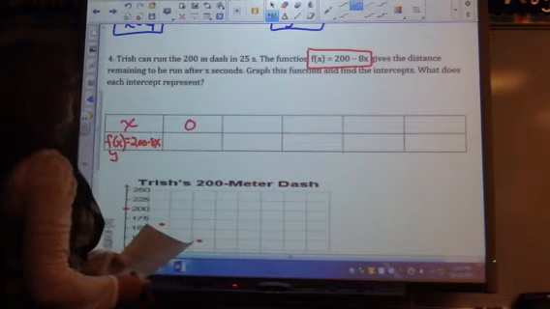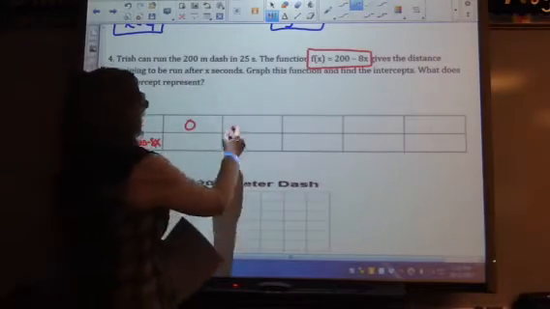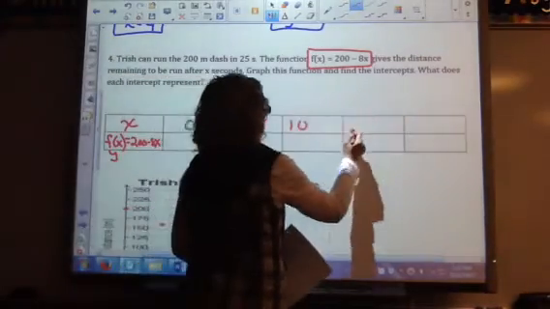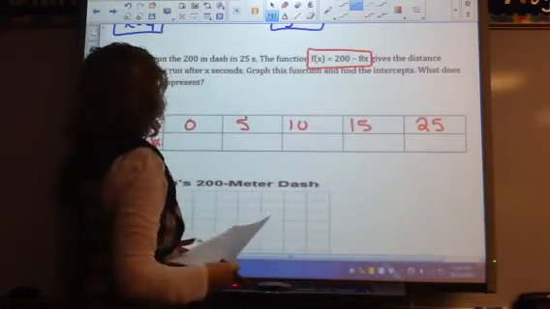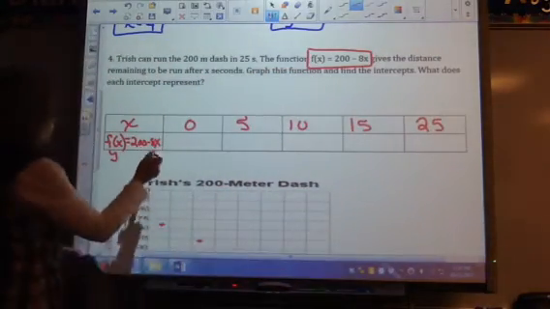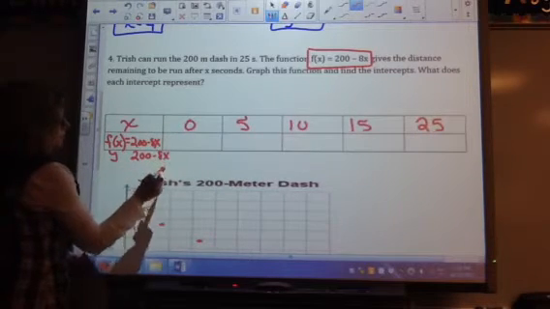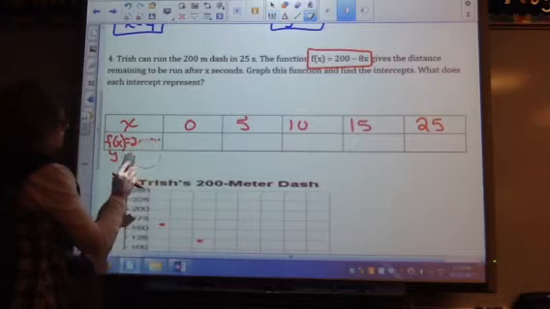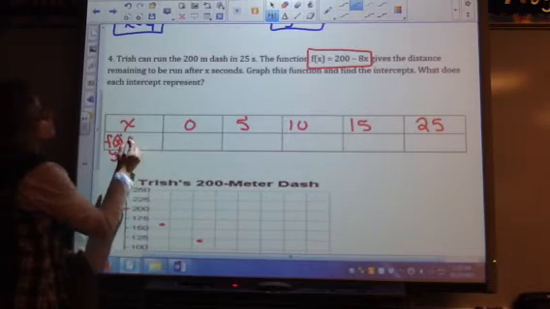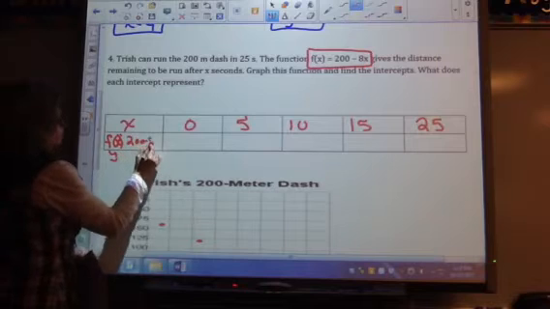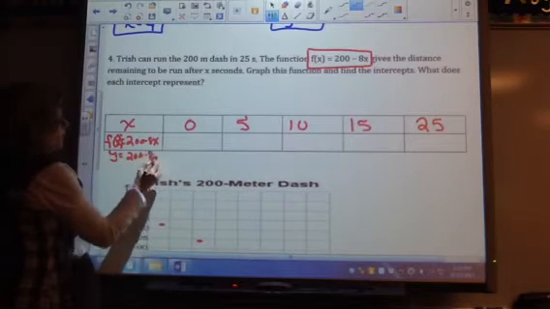Okay, and it's 25 seconds, so I'm going to go by 5s. If we substitute 0 in for x, we have 200 minus 8 times 0.